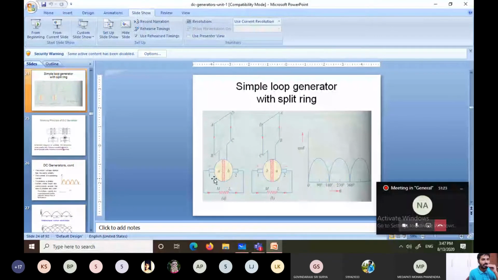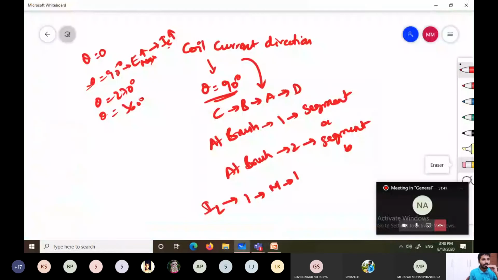The load current starts at 1, reaches M, then passes through L and reaches 2. So the current direction is 1, M, L, 2. This is the load current direction in the case of theta equals 90.